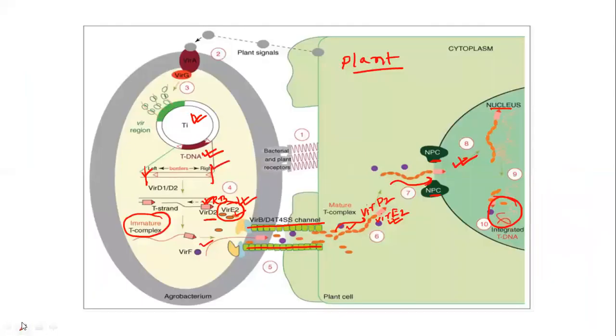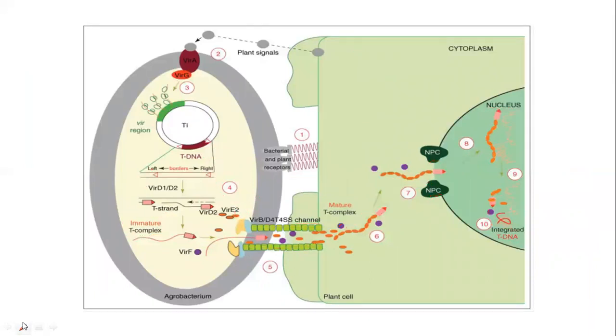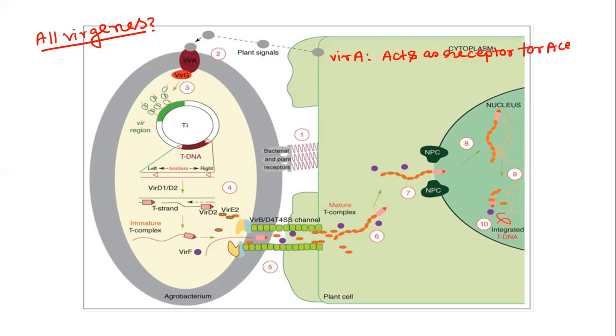First, you have to remember the functions of all the vir genes, how they work. Vir A acts as a receptor for acetosyringone. Vir B forms the conjugation tube or pilus-like structure.